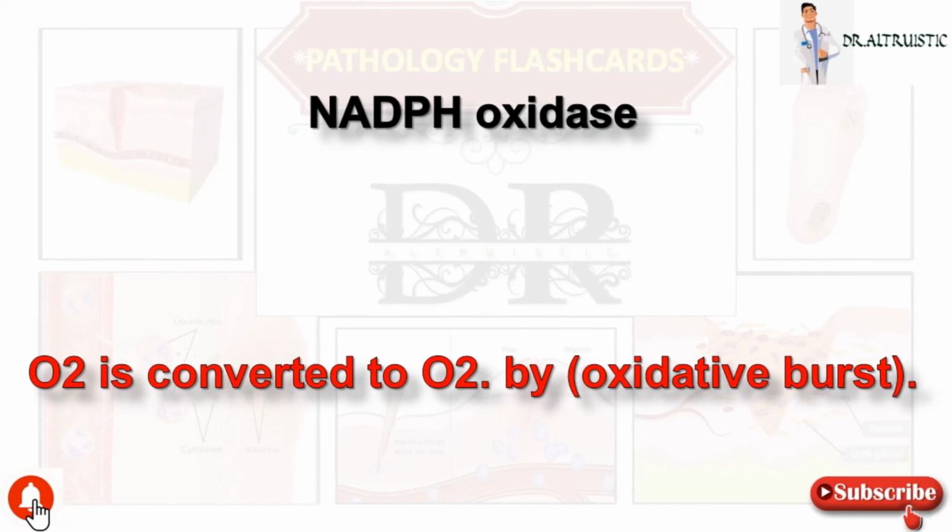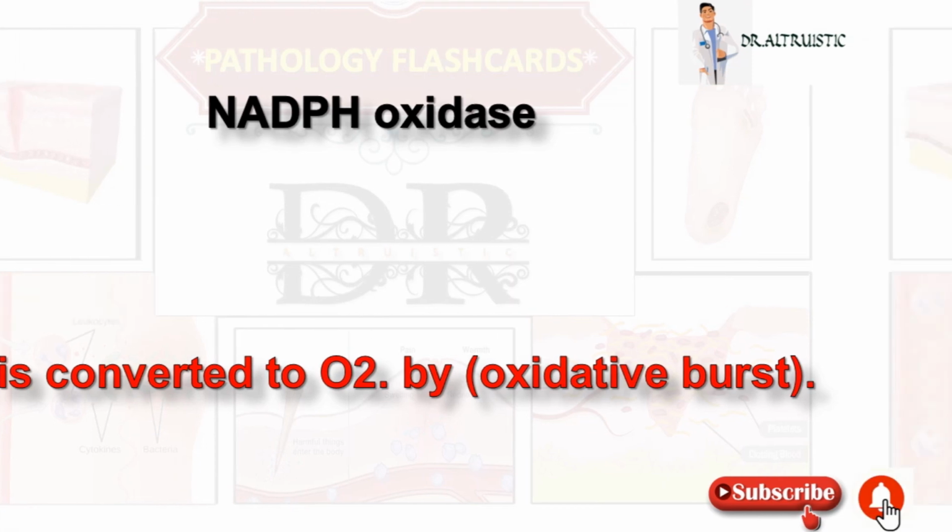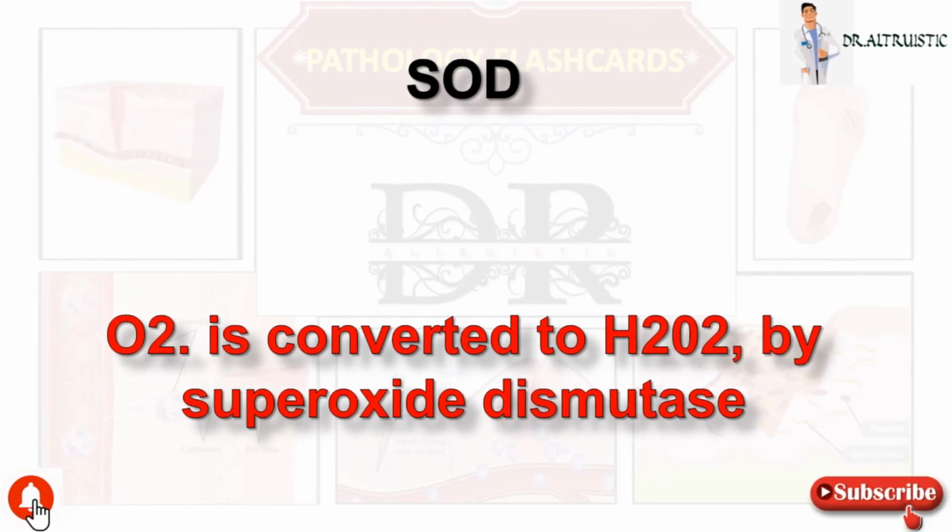NADPH oxidase: O2 is converted to superoxide (O2−) by the oxidative burst. SOD: superoxide is converted to H2O2 by superoxide dismutase.